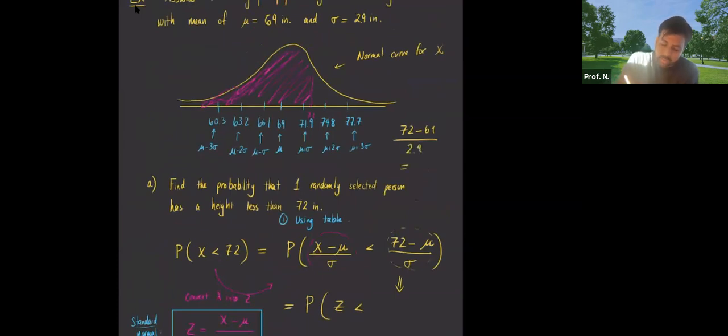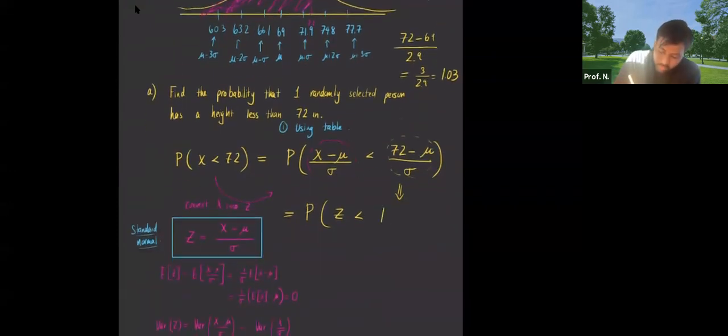So when I do this, this becomes 3 over 2.9, which is 1.03. So this is equivalent to doing 1.03. Do you guys see that? Does everybody follow this? Any questions about this? Because this is pretty crucial.